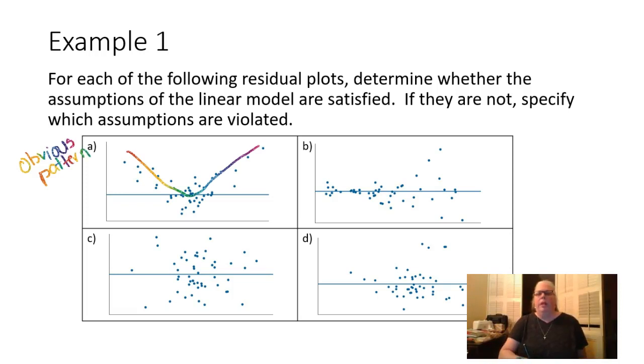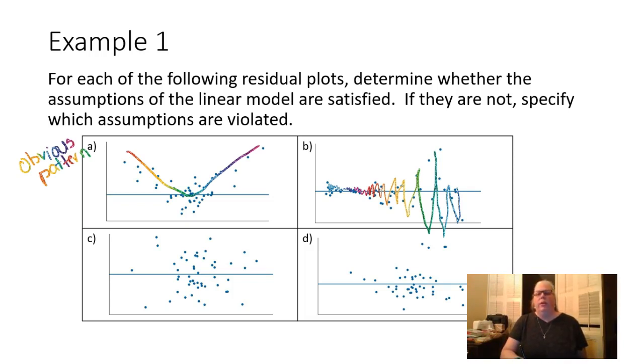All right, let's look at plot B. For plot B, the dots are hugging pretty close to the line here, still hugging pretty close, and now they're starting to get a little further apart, and a little further apart. So we don't have the same spread here.